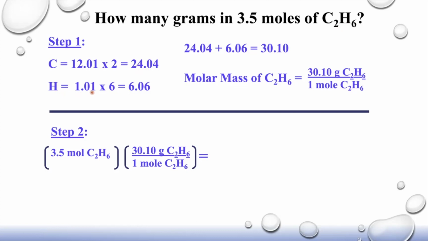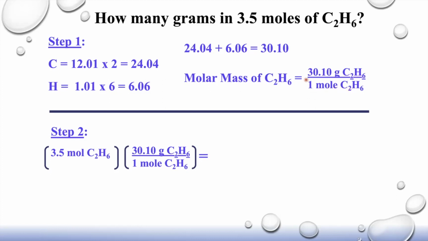We have 6 atoms of hydrogen, so multiply by 6. You have 6.06. Add these together, your total is going to be 30.10. And the label for that: the molar mass of C2H6 is 30.10 grams. And we always put the label C2H6 per 1 mole of C2H6.